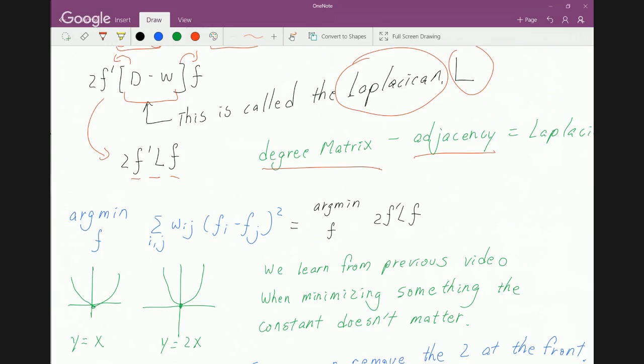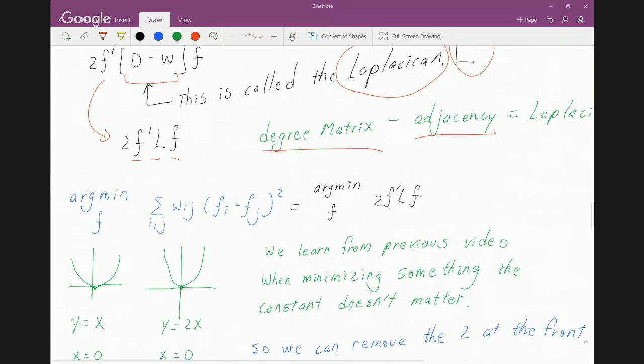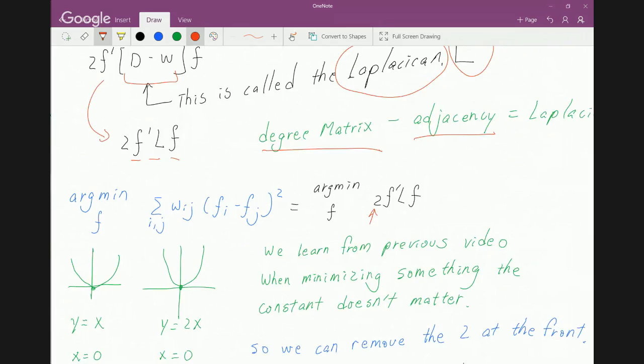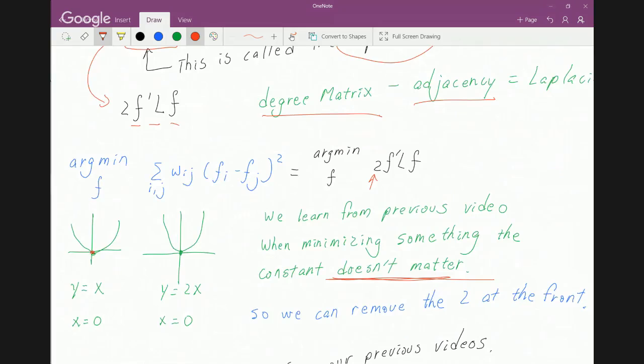Of course, if you remember from previous video lectures, if we have a constant when we're trying to minimize something, the constant doesn't matter. Let's say we want to find the minimum x point with this, x equals y. So the minimum point is x equals 0, obviously.